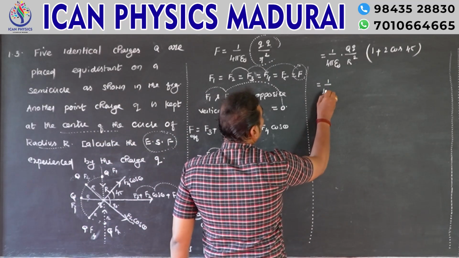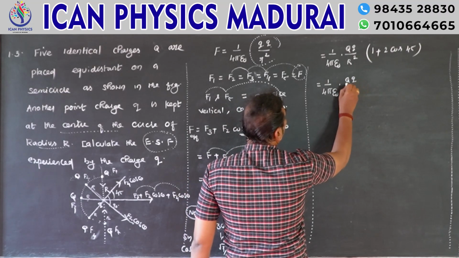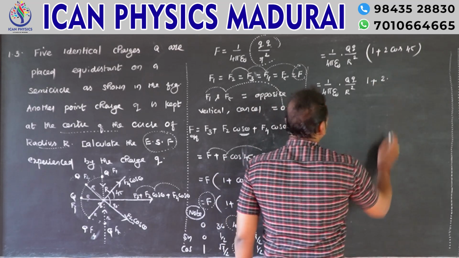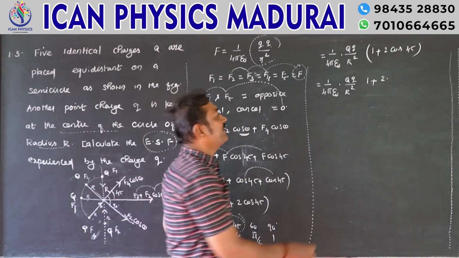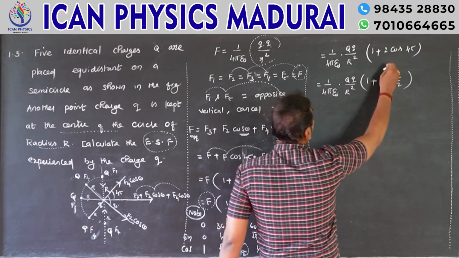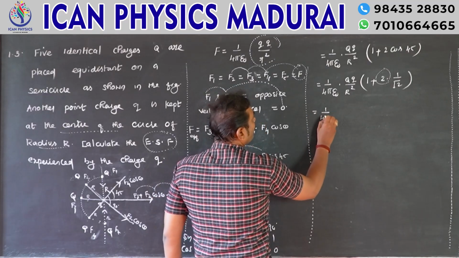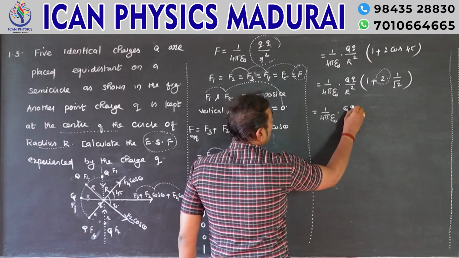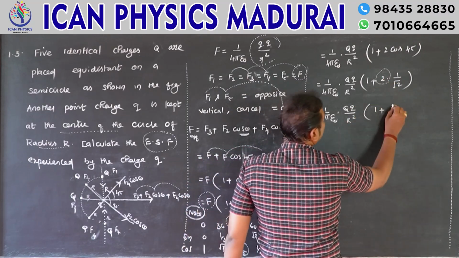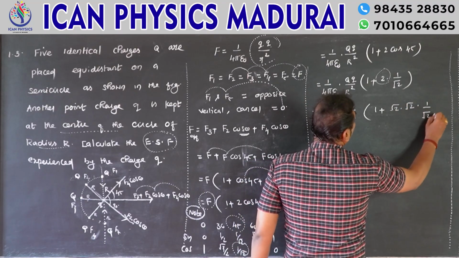So 1 by 4 pi epsilon 0 capital Q small q by capital R square into 1 plus 2 into cos 45. Cos 45 value is 1 by root 2. So how can we write the 2? That is 1 by 4 pi epsilon 0 capital Q small q by R square into 1 plus root 2 into root 2 into 1 by root 2.